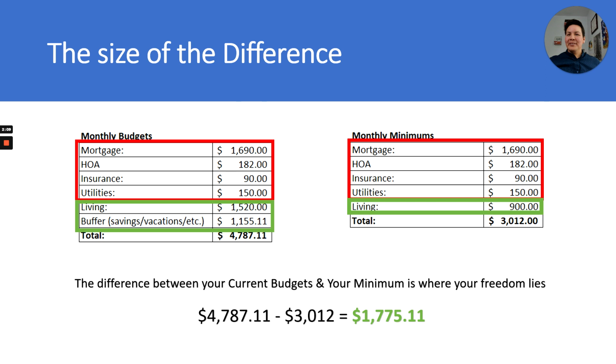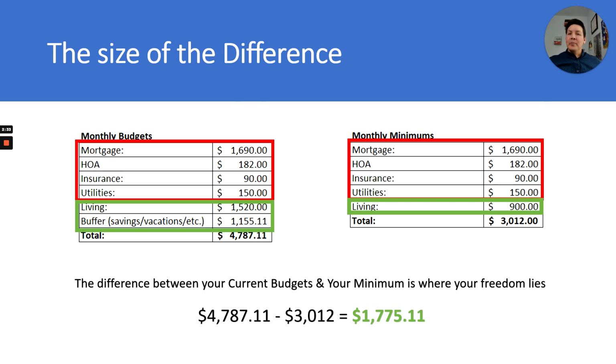The $3,012 found on the second table is our monthly survival minimum. And that number was derived by eliminating the buffer, the extra, such as savings and vacations, and also reducing the cost of living, mainly food and house items, from $1,520 to $900 a month.